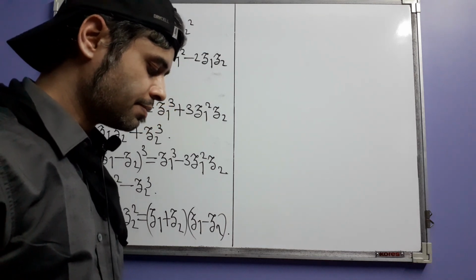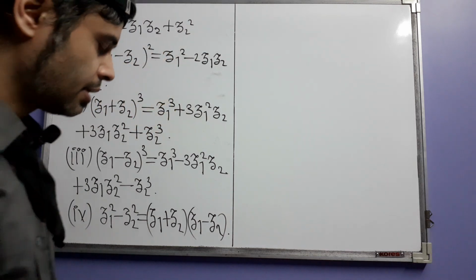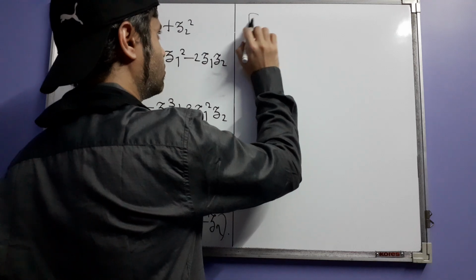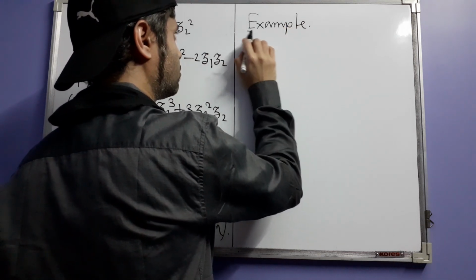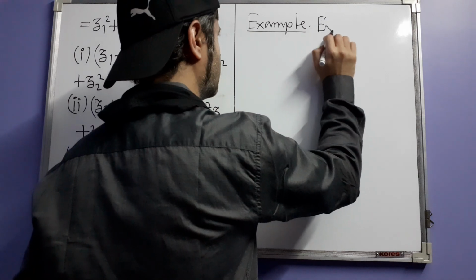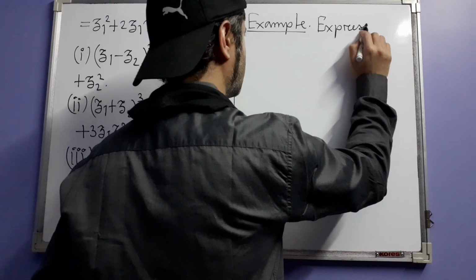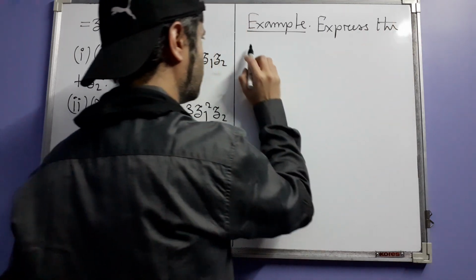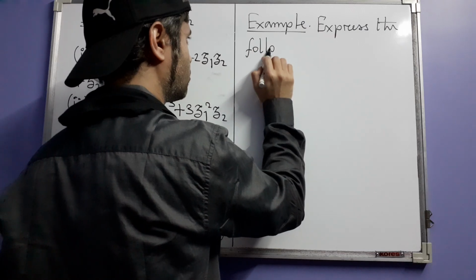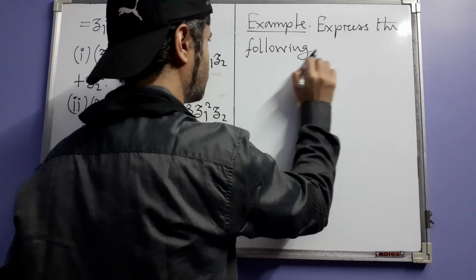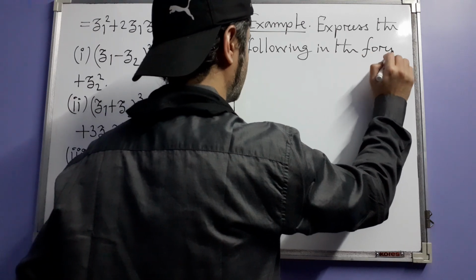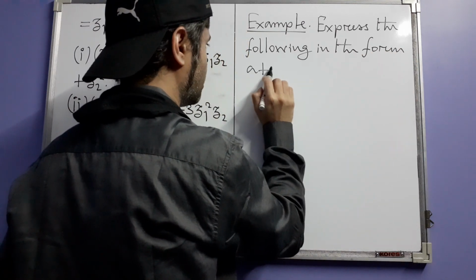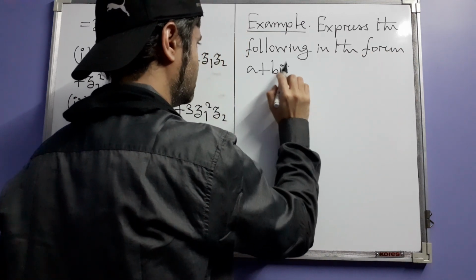Okay. Let us now next see this example. Express the following in the form a plus bi or a plus ib, same thing.